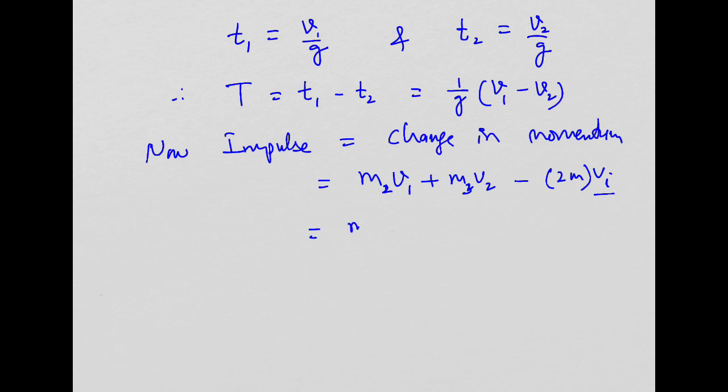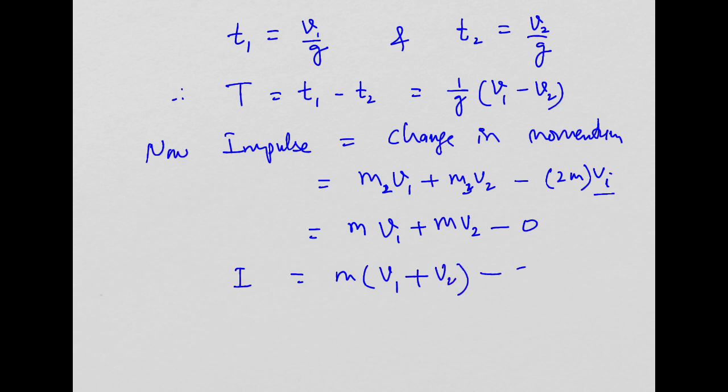So for m2 this is m, this is v1, and for m3 also m into v2, and that is minus 0. So impulse is given as m taken out as common, m times (v1 plus v2), that is equation number 2.